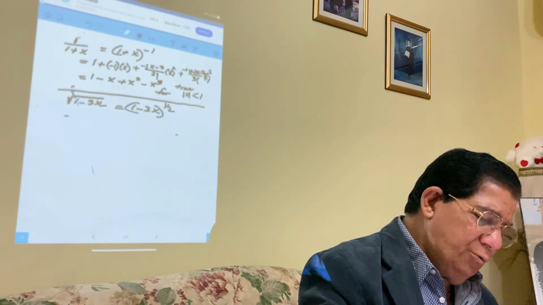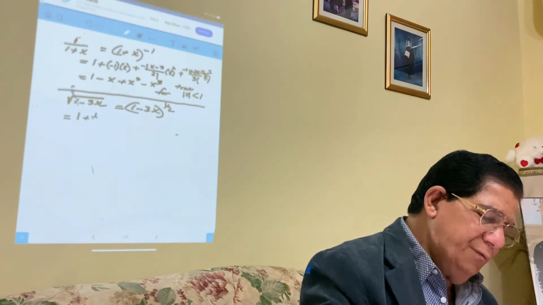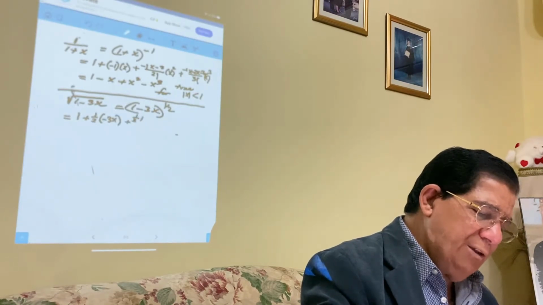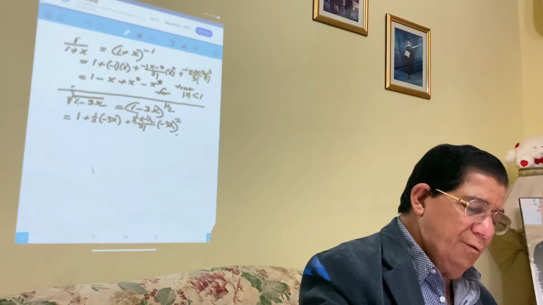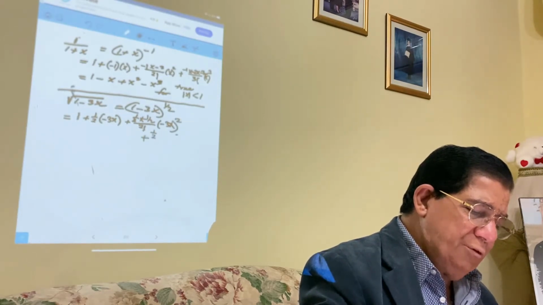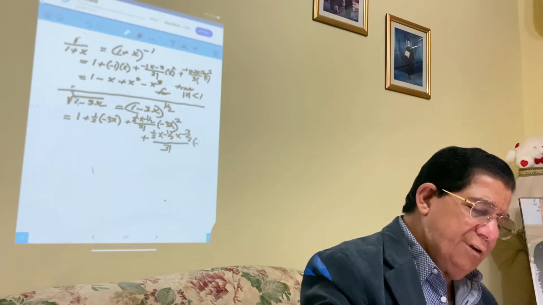This would be equal to 1 plus n, which is half, times negative 3x, plus half times negative half over 2 factorial times (negative 3x) squared, plus half times negative half times negative 3 over 2 over 3 factorial times (negative 3x) cubed.